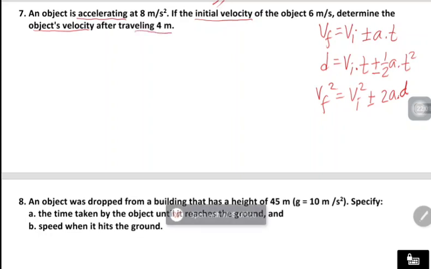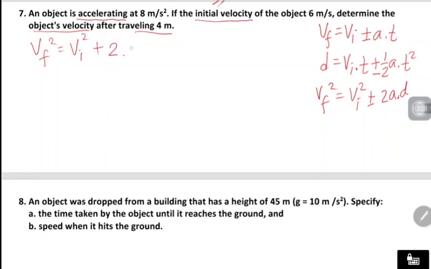We can use the third formula: final velocity squared equals initial velocity squared plus 2 times acceleration times distance. We input the values. Initial velocity is 6 squared plus 2 times acceleration, which is 8, times displacement, which is 4.